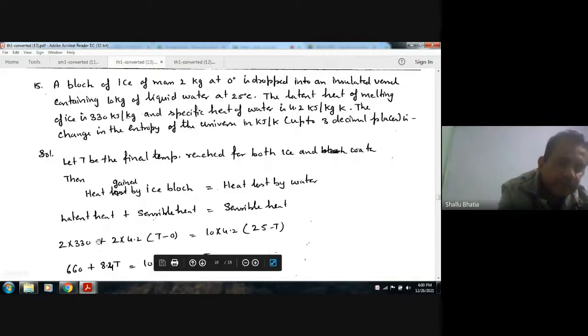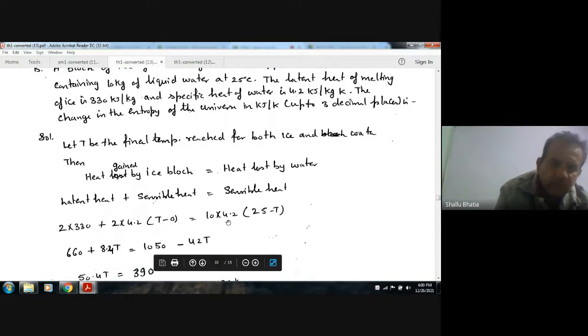So it will be 330 into mass 2, and with the final temperature T, the sensible heat is 2 into 4.2 into (T minus 0), because it is 0 degree Celsius. The sensible heat lost by water is 10 into 4.2 into (25 minus T).